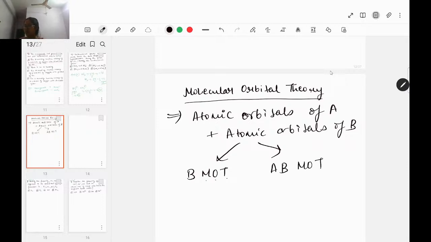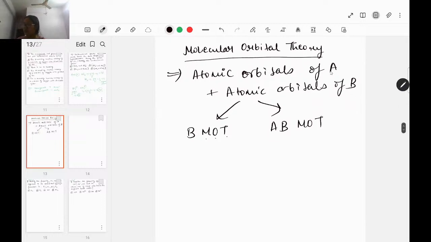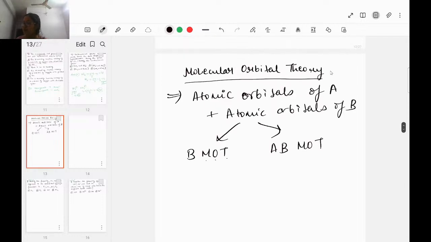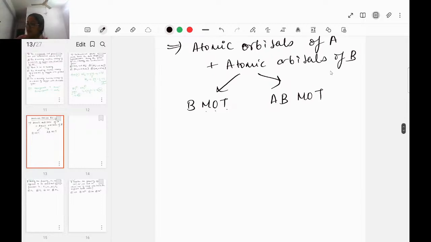I hope you are aware of this, because since I am carrying out a marathon, I am not going into the details of this. The number of atomic orbitals combining has to be equal to the number of molecular orbitals formed. It is formed with the help of LCAO, that is linear combination of atomic orbitals.